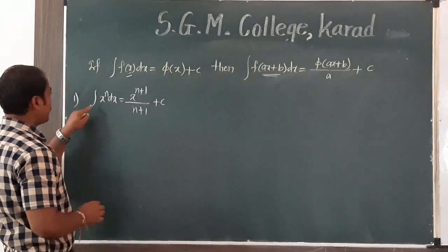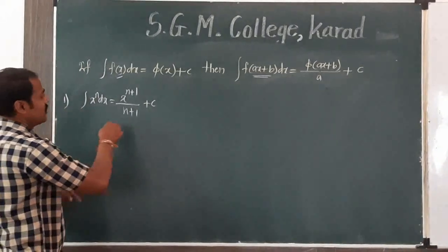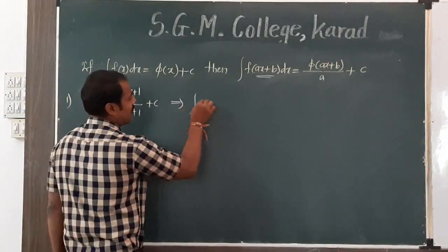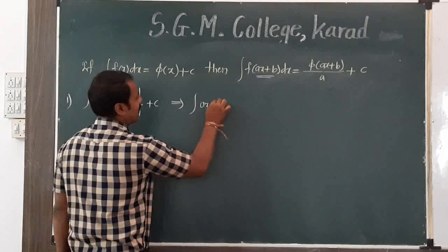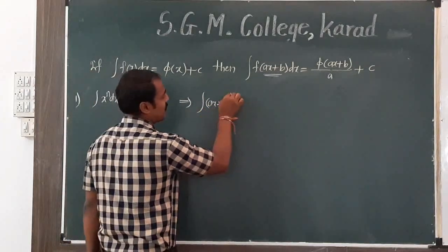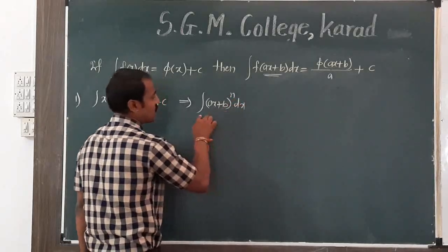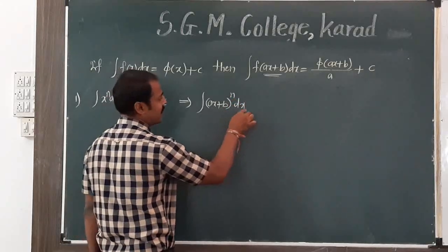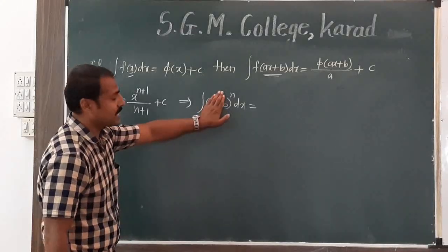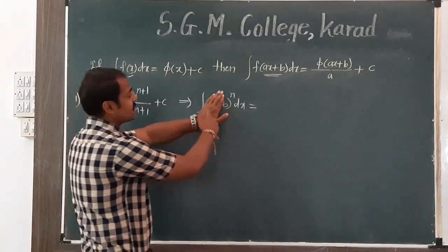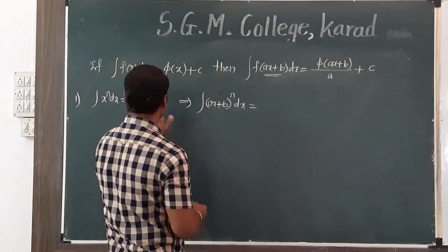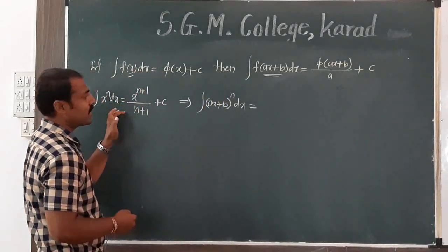So the formula of x raised to n becomes integration of ax plus b. I can replace x by ax plus b. So integration of (ax plus b) raised to n dx is equal to, consider ax plus b, that linear equation, as x. The formula looks like x raised to n. So integration of x raised to n is what? x raised to n plus 1 divided by n plus 1.